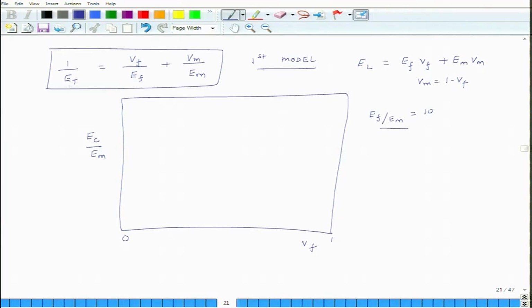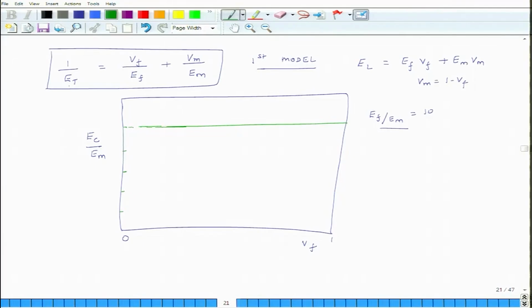So, first we will develop a line for EL.